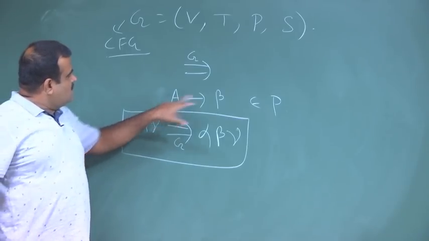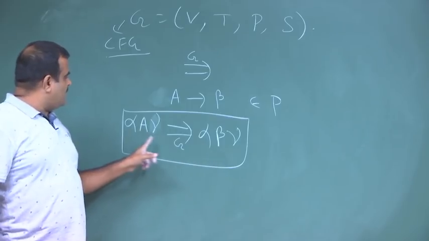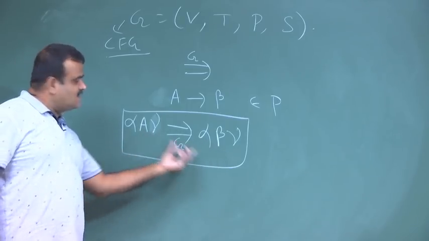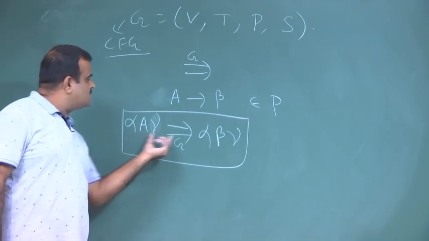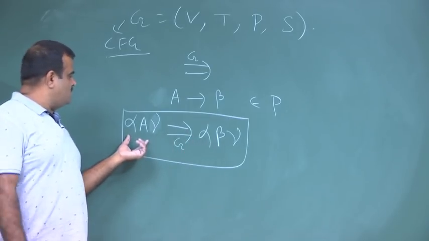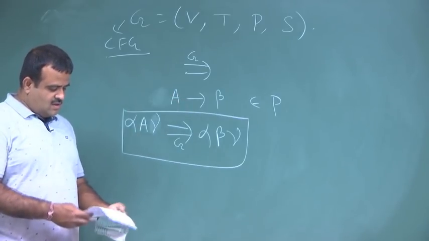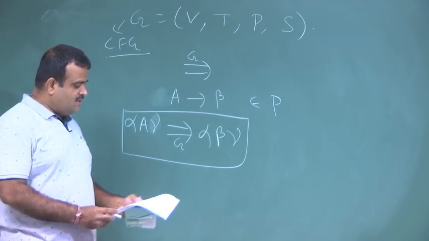We have a rule in P where A goes to beta, so we can apply that direct rule here, and that is the derivation. This string is derived from that string by direct application of the rule. That is the meaning of this.